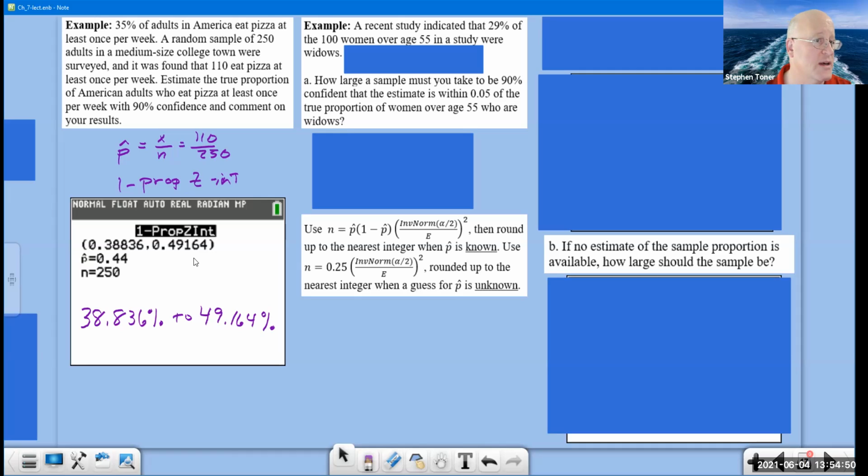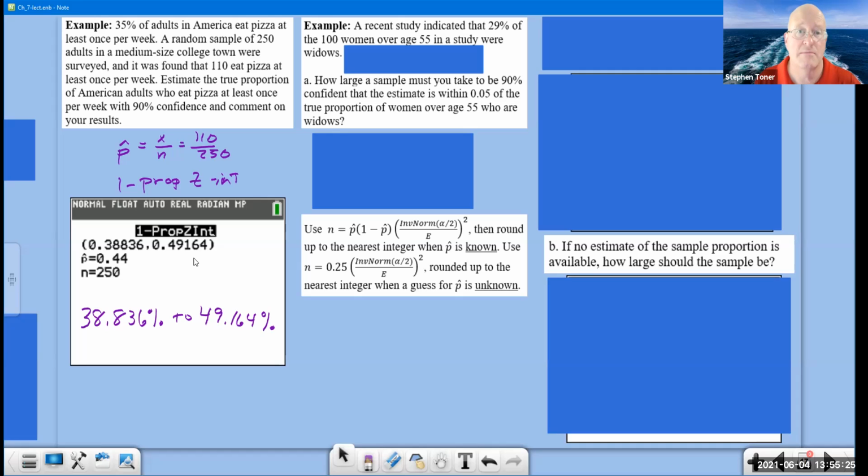It will generate this interval, and our comment on this would be, we can be 90% confident that the true proportion of adult Americans, or at least in that city, who eat pizza at least once a week is between 38.836% and 49.164%.